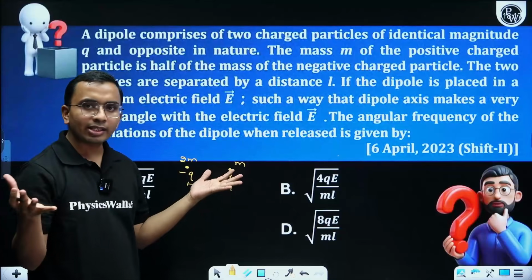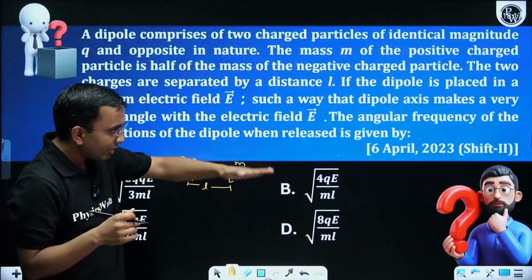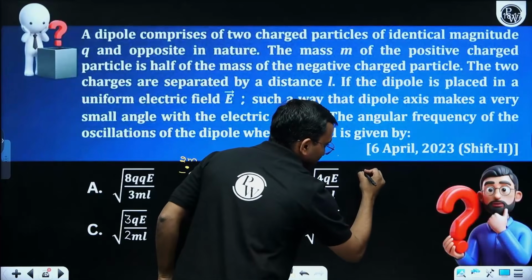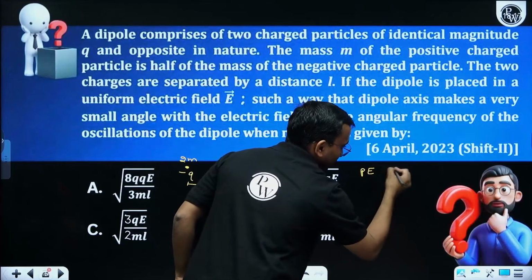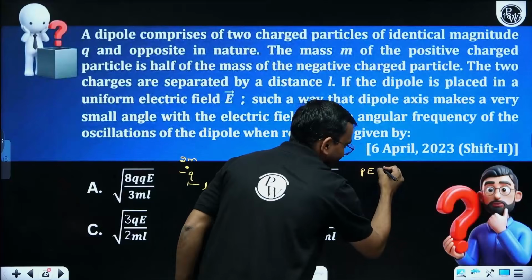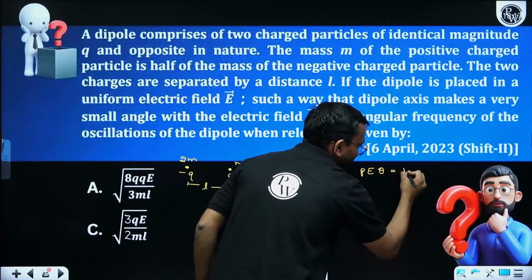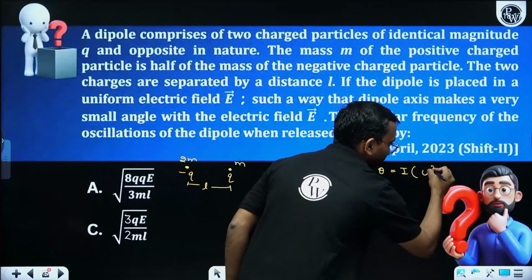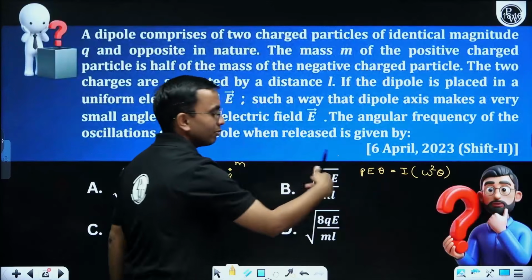Now here again I will displace by a small angle theta. The torque will be written as pE sin theta. Theta is small, so sin theta I can write as theta. This is I into alpha. For angular oscillation, alpha is minus omega square theta. Here also minus is there because it is a restoring torque.